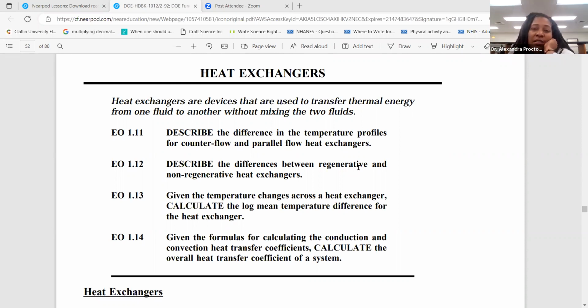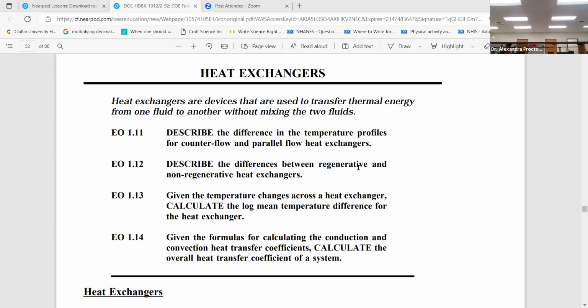So the objectives of this particular chapter is to describe the difference in the temperature profiles for counterflow and parallel flow heat exchangers, describe the differences between regenerative and non-regenerative heat exchangers, give the temperature change across a heat exchanger.